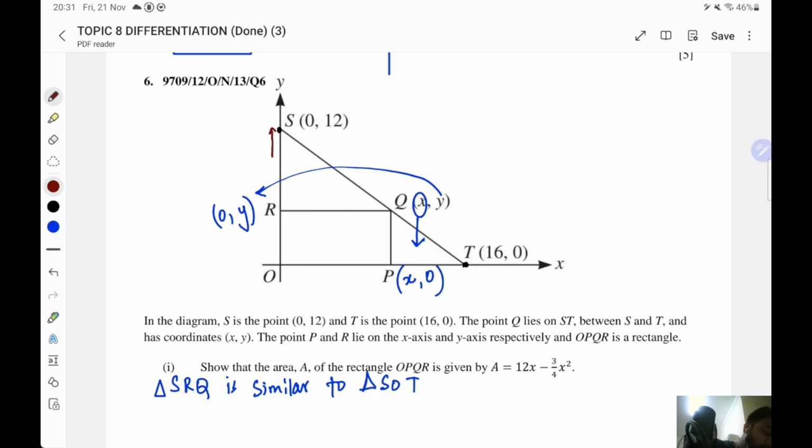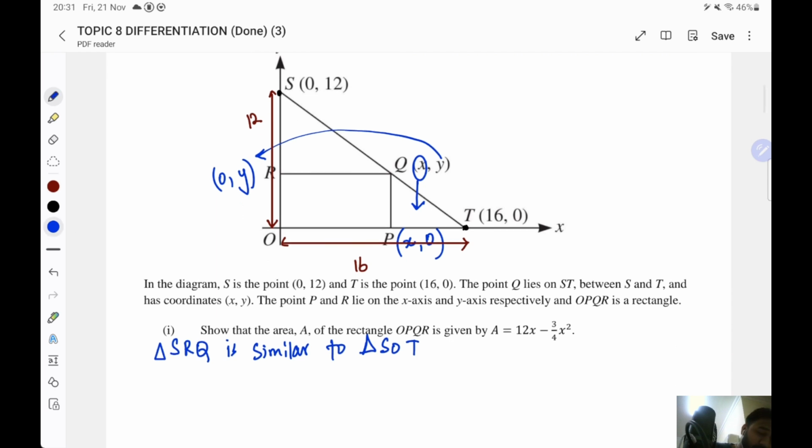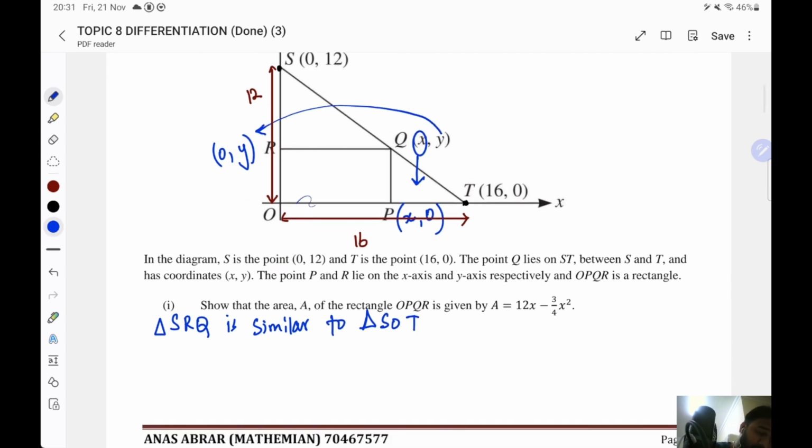This total length is 12, and this total length is 16. If we write the ratio of the two sides, this length is going to be y, and similarly this length from here up till here is going to be x.